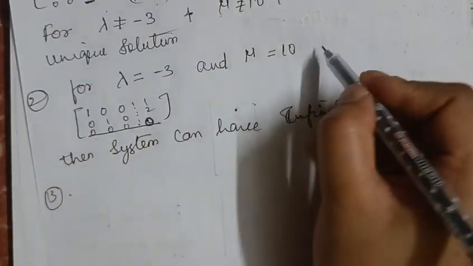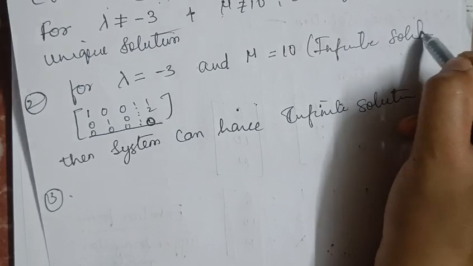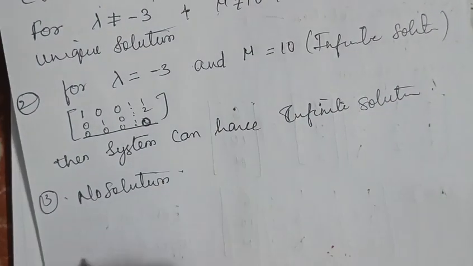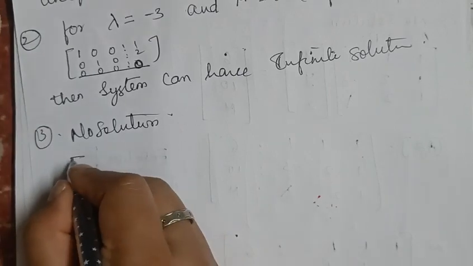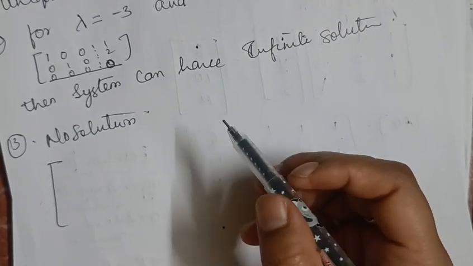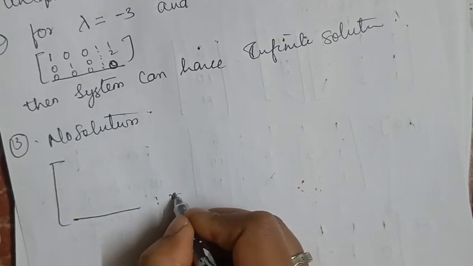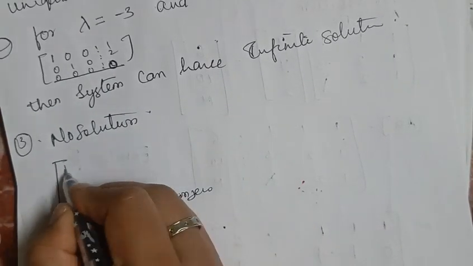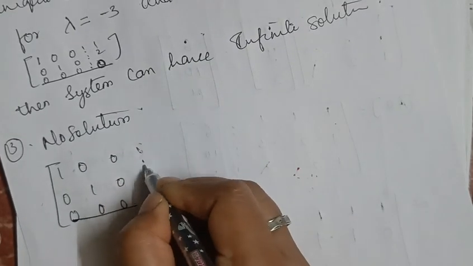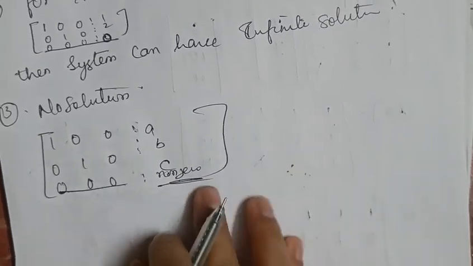Okay, now for the third one we have something. This is unique solution, this is infinite solution, and then no solution, right? So for no solution, what is the condition? The left side of the row is entirely 0, but it has got some non-zero value here, right? So 1 0 0, 0 1 0, 0 0 0, a b, and this is also some non-zero value, right?